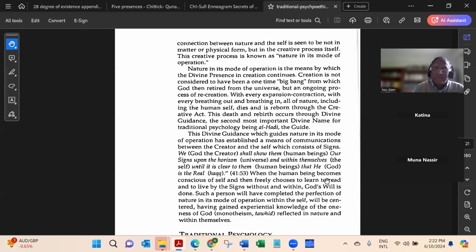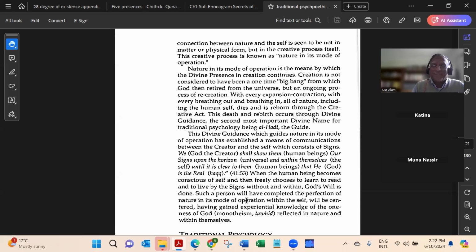When the human being becomes conscious of self and then freely chooses to learn to read and to live by the signs without and within, God's will is done. Such a person will have completed the perfection of nature in its mode of operation within the self, will be centered, having gained experiential knowledge of the oneness of God, monotheism, Tawheed, reflected in nature and within themselves.